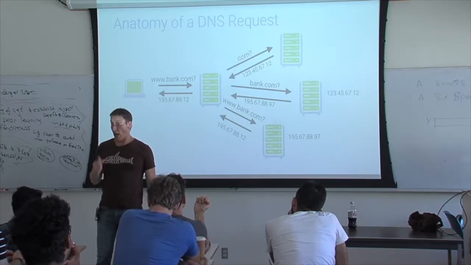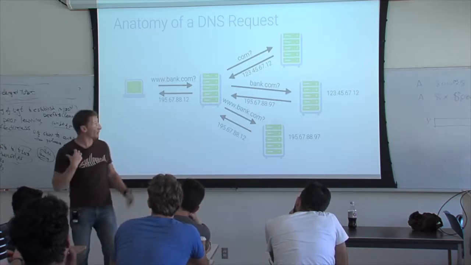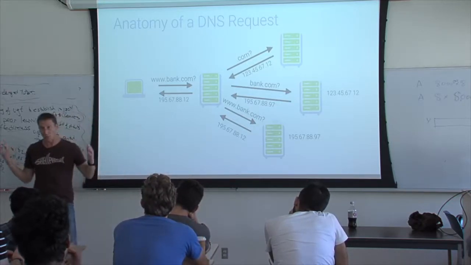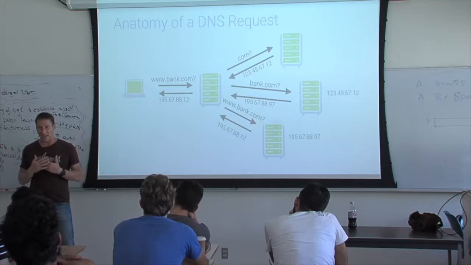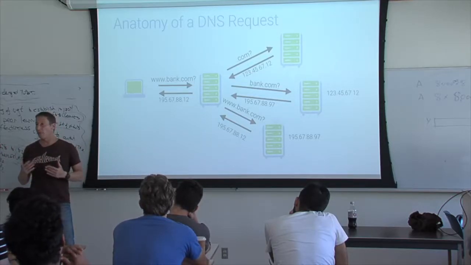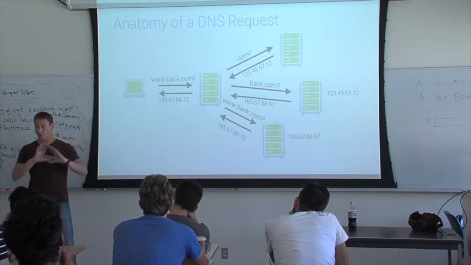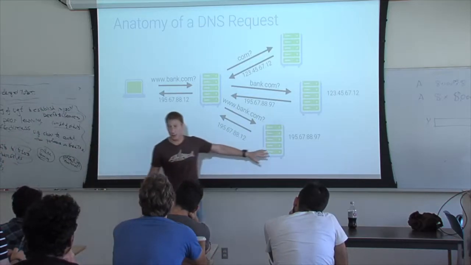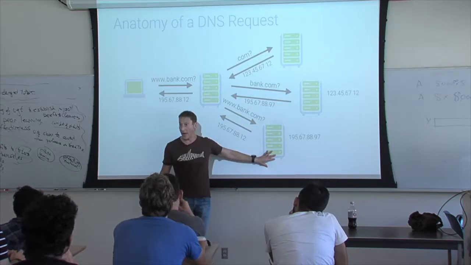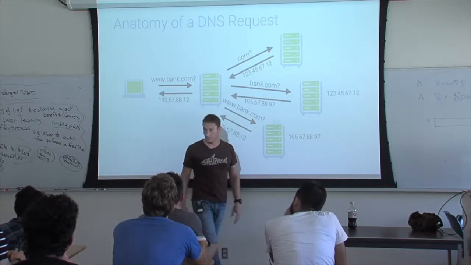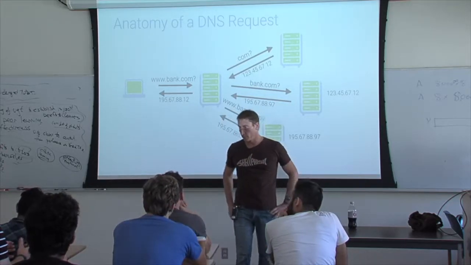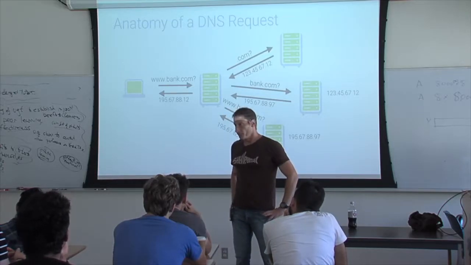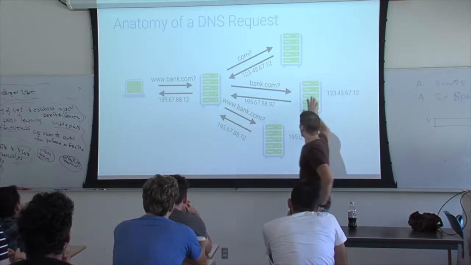So if I am responsible for the .com domain, it's a pretty big job, right? But I know where the server for the Verizon domain is. Then inside Verizon, you go to the Verizon server to ask for a specific host. But there's not a hierarchy within the .com? No. I mean, there is a lot of load balancing.